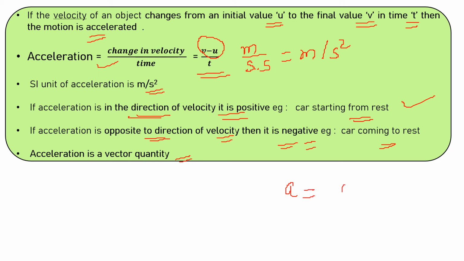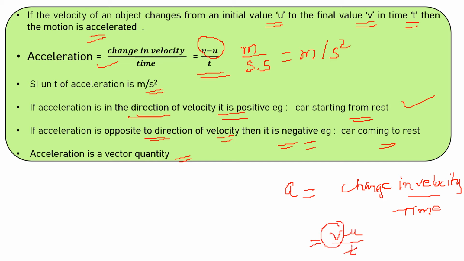Acceleration is change in velocity upon time. Now this change in velocity, it will be v minus u upon t, depending upon this v, whether it is greater than initial velocity or lower than initial velocity, we will have plus or minus sign, and accordingly we say body is having positive acceleration or negative acceleration.